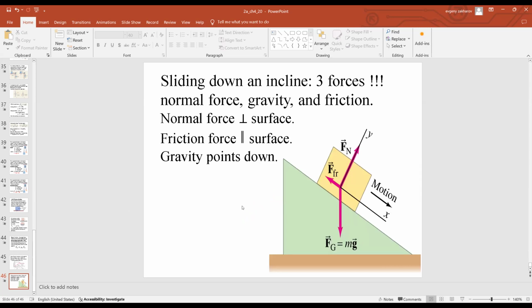And a brief introduction to a slanted inclined plane. You see that there is an object on an inclined plane sliding downward. What do you see? You see gravity. Gravity is still downward. You see friction. Friction is opposite to the direction of motion. If motion is this way, then friction is exactly the opposite. And I want to point out that normal force is not up.